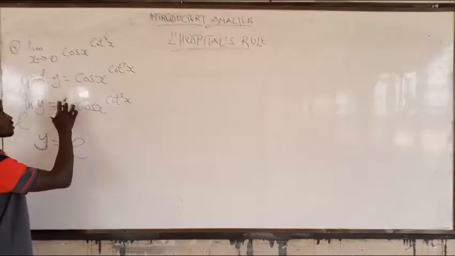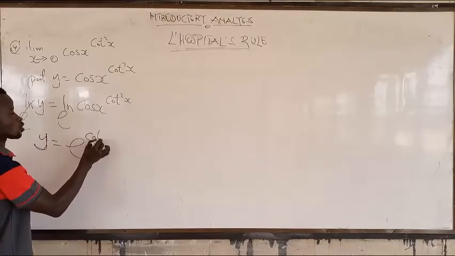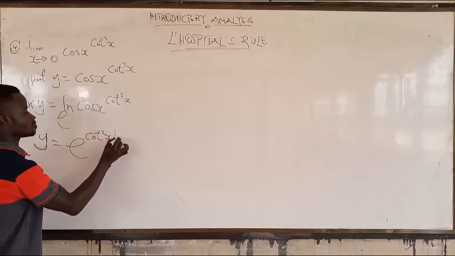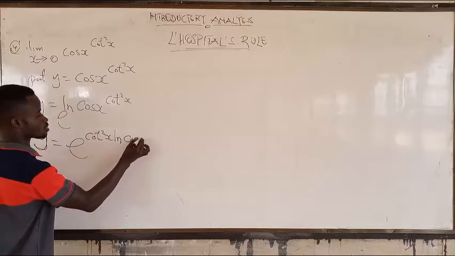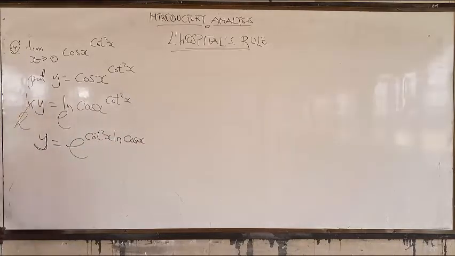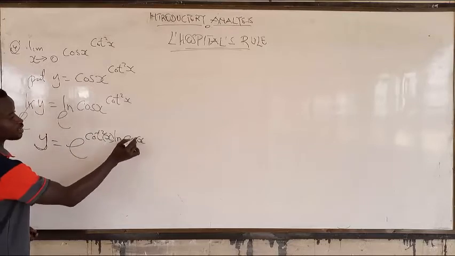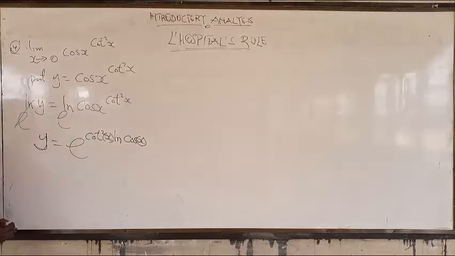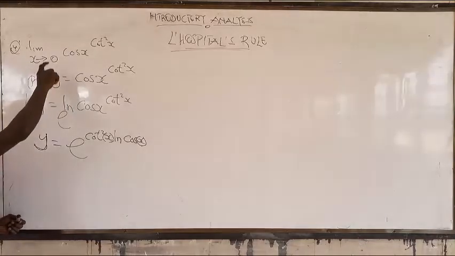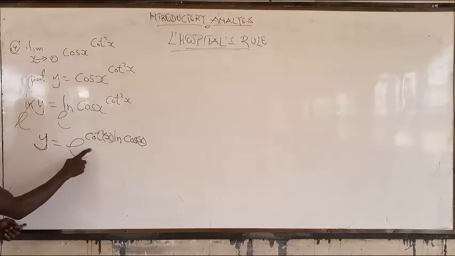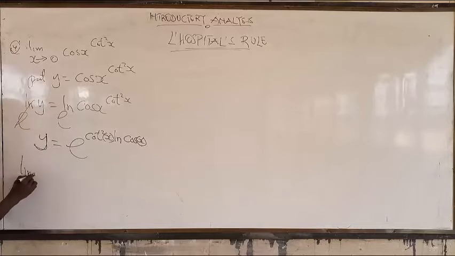So here we bring this to this side, so we get cos square s times ln cos s. Very good. Don't forget this is the argument. Having this, we are saying that taking the limit of this is the same as taking the limit of this. So we take the limit as s approaches the limit of.